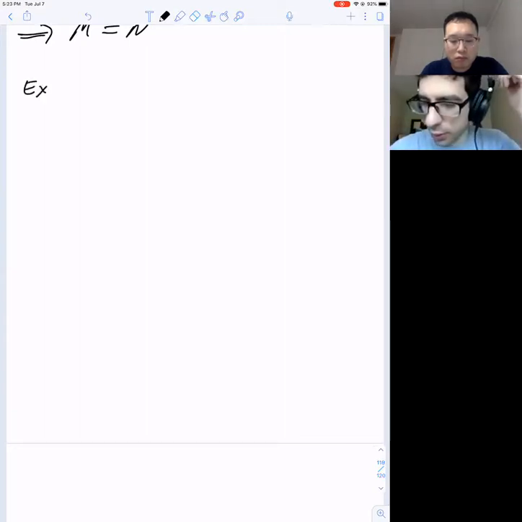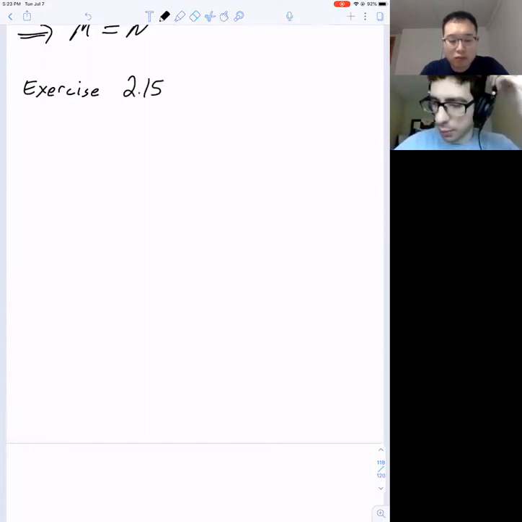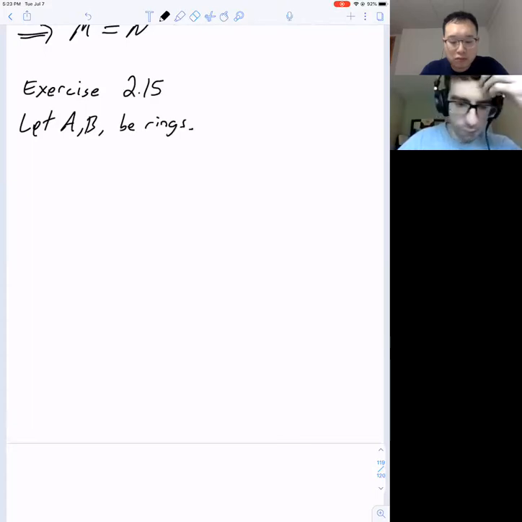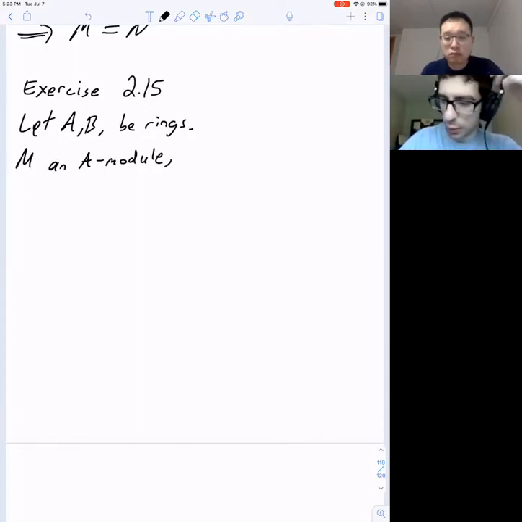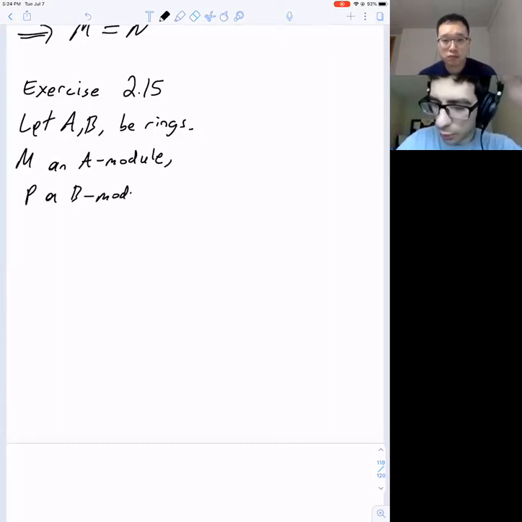So this is given to you as an exercise in Atiyah-Macdonald. Let A and B be rings. Let's say M is an A-module. Let's say P is a B-module. Say N is an (A,B)-bimodule.